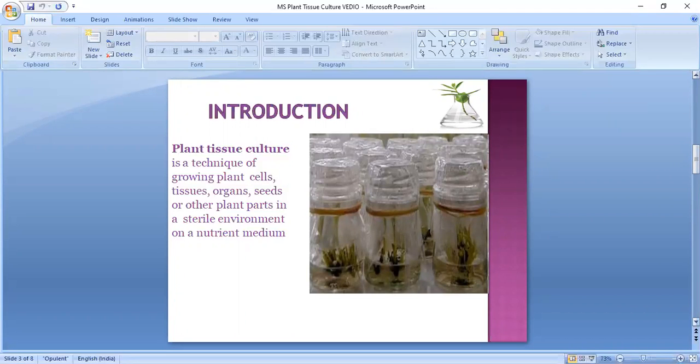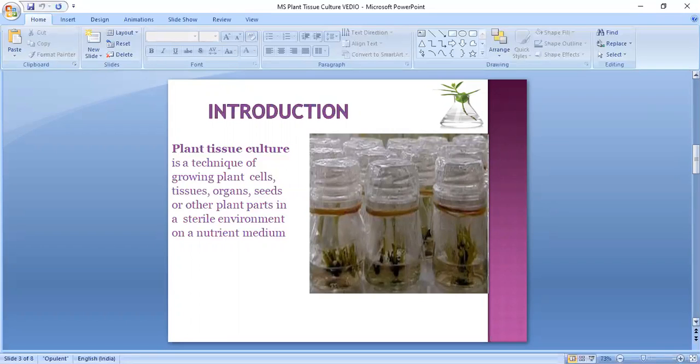We can also define plant tissue culture as the in vitro culture of plant cells or tissue under aseptic or controlled environment, and controlled environment means inside the labs with a controlled atmosphere, in a liquid or semi-solid, well-defined nutrient media for the production of primary and secondary metabolites or to regenerate the plant.